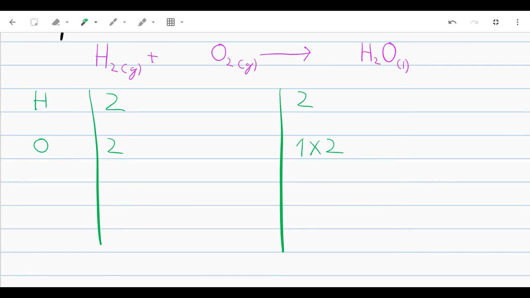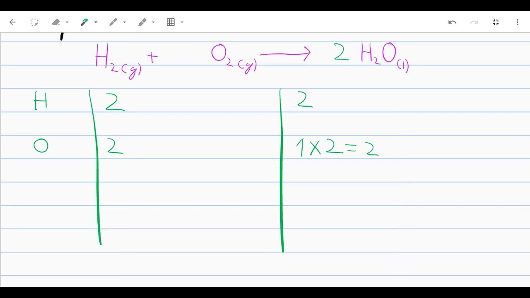So I'm going to multiply the number of oxygens by 2. What this does is bring the oxygen up to 2 as well. But when I multiply the oxygens by 2, anything I do below, I must do above. So I multiplied by 2 down below, and that means I need to add 2 as a coefficient up above as well.